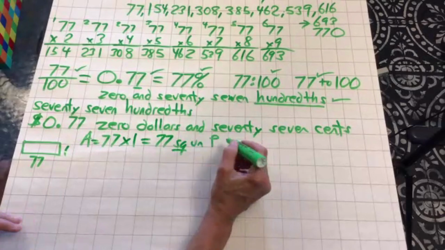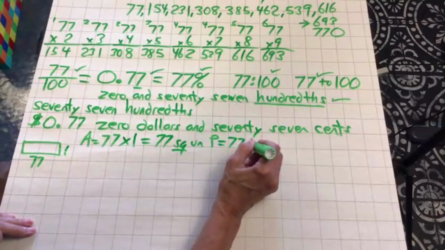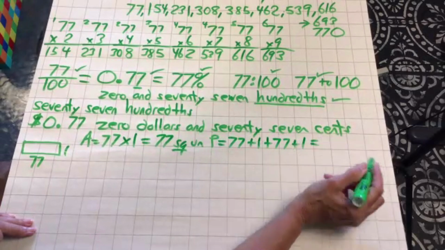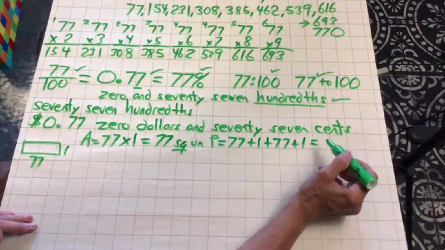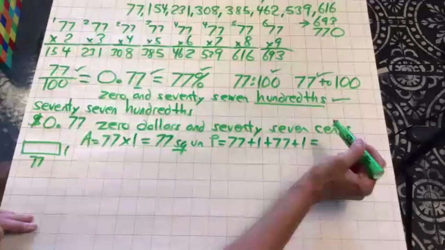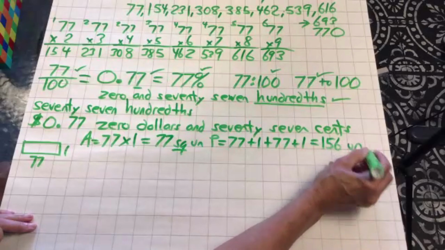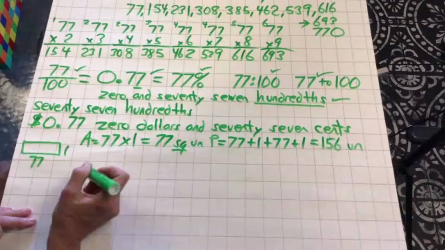Perimeter is just linear measurement. So this would be 77 plus 1 plus 77 plus 1, adding up all the sides. And we know 2 77s is 154, which we calculated at the top, plus 2 more is 156. And that's just units.